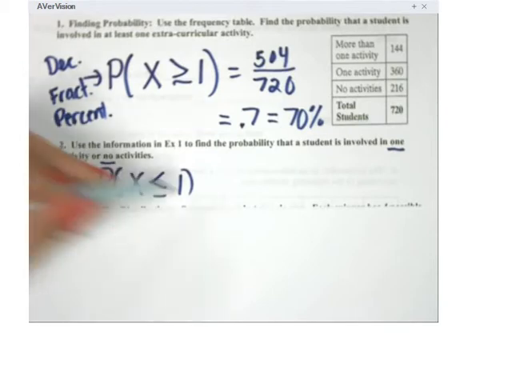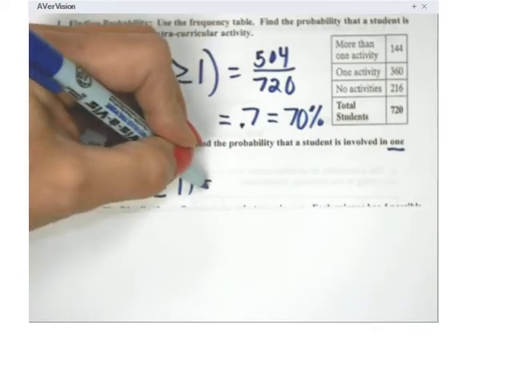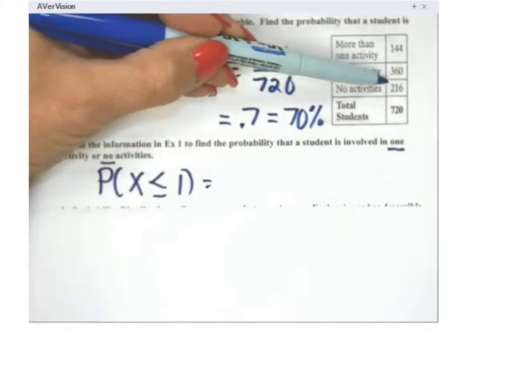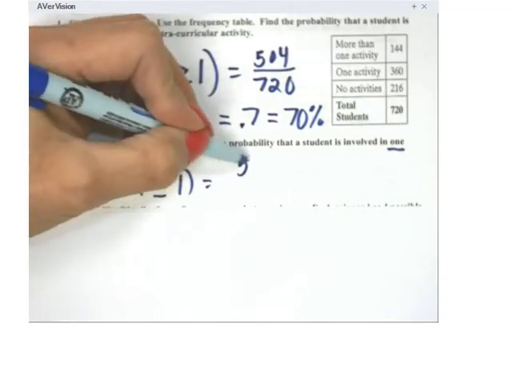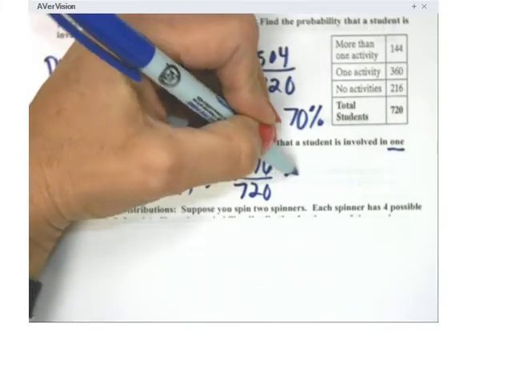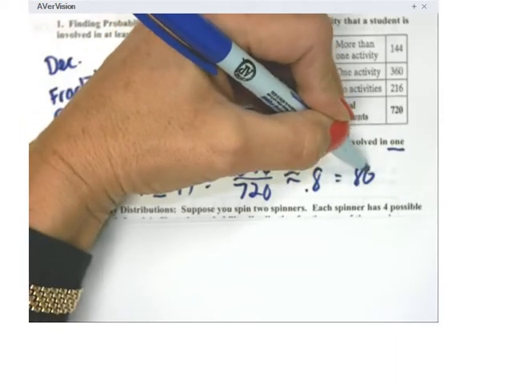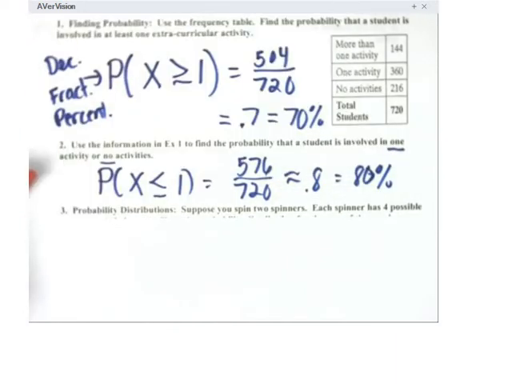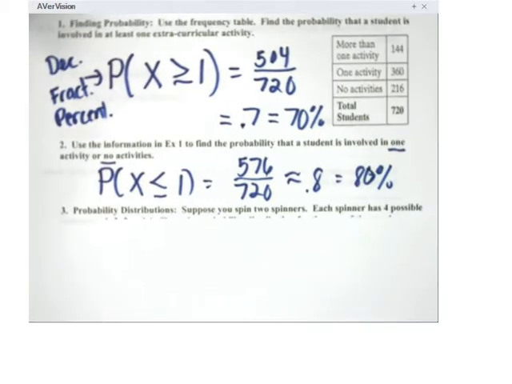So that would be our symbolic way of writing it. And once again, I'd have to add these two categories together. And these two add to 576 out of 720. And that's approximately 0.8, or I could say about 80%. So again, a reduced fraction, a decimal, or a percent.